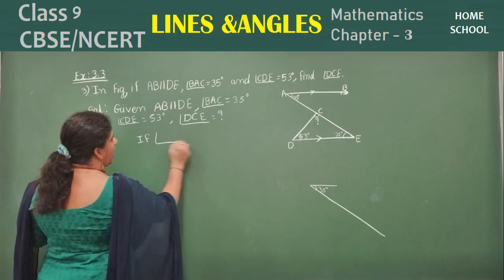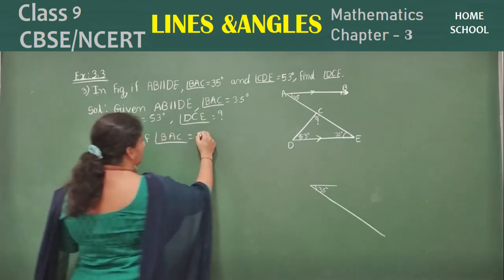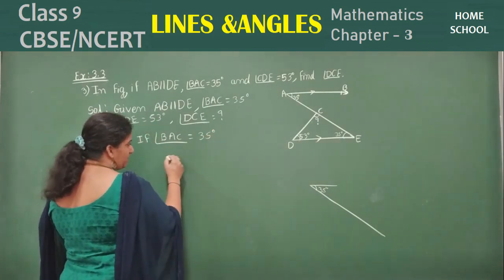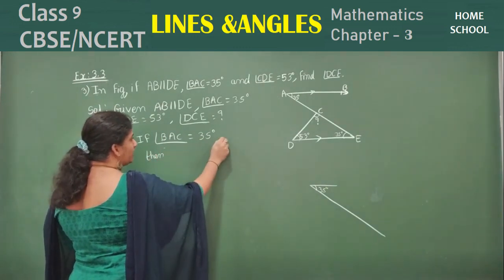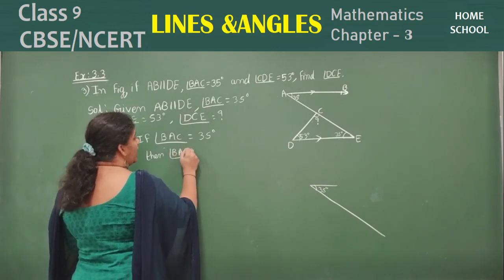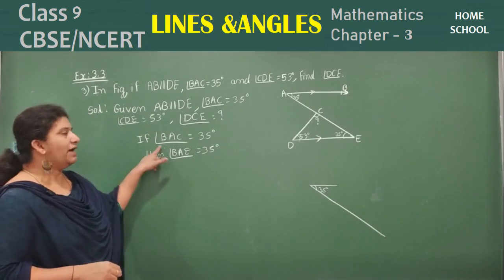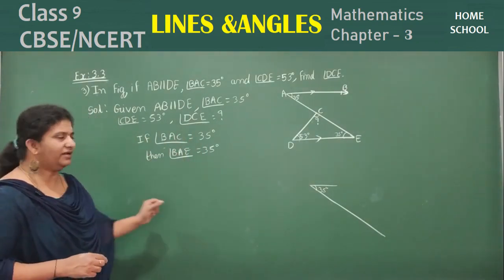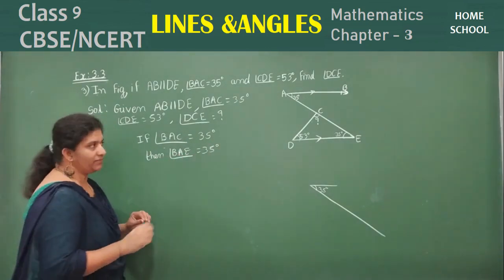If angle BAC is equal to 35 degrees, then angle BAE is also equal to 35, since the ray is extended on the same line. So now angle BAE is equal to 35 degrees.